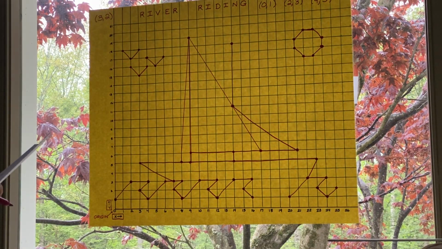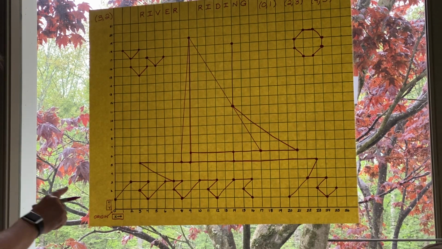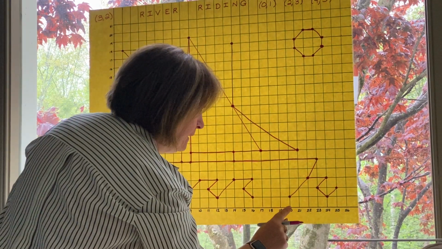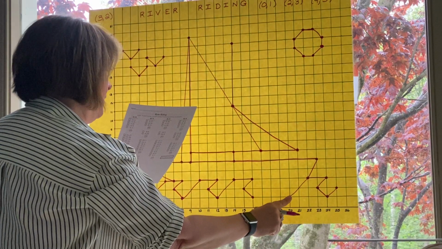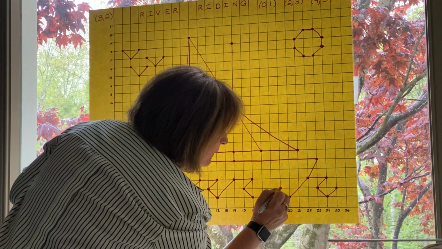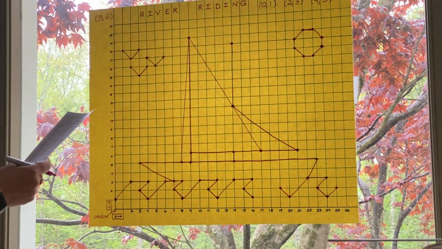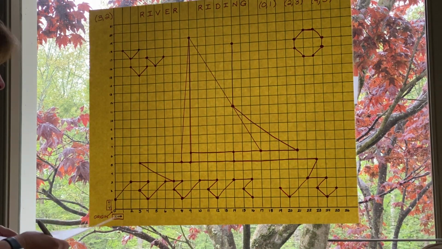All right. And now we're in our last one, 21. So let's go over to 20 and up 1, which is already marked. 19, 2, which would be here. Okay. 20, 3.